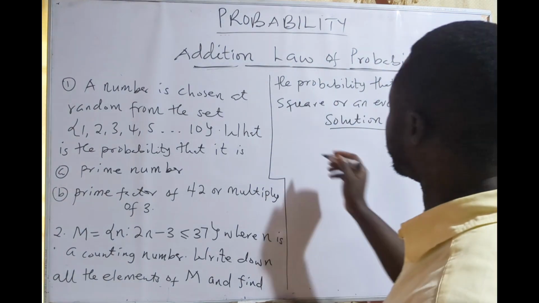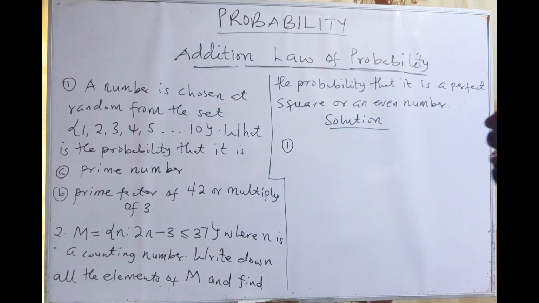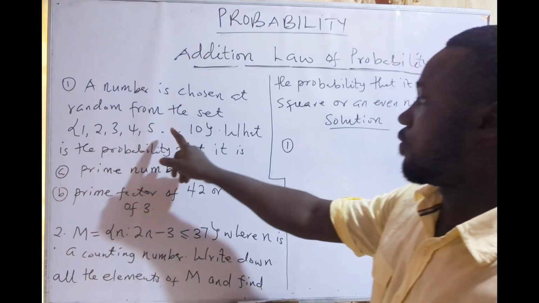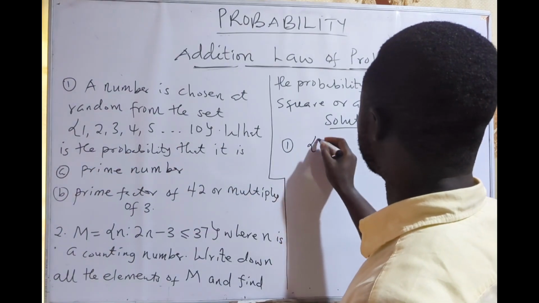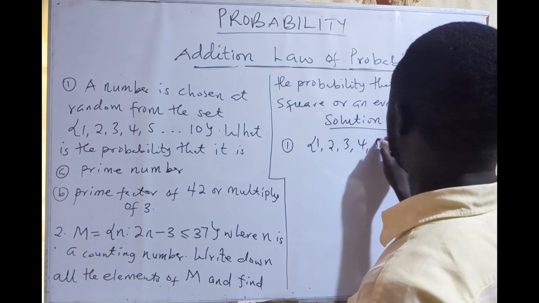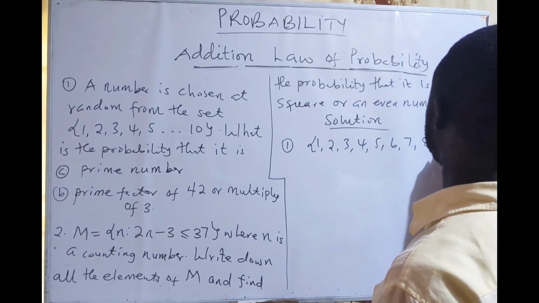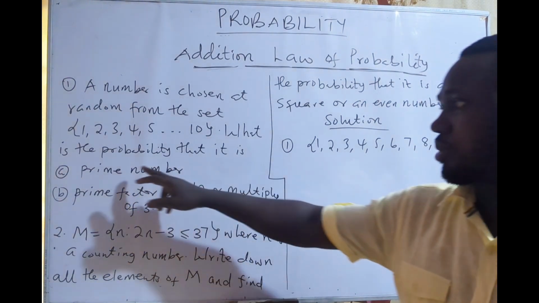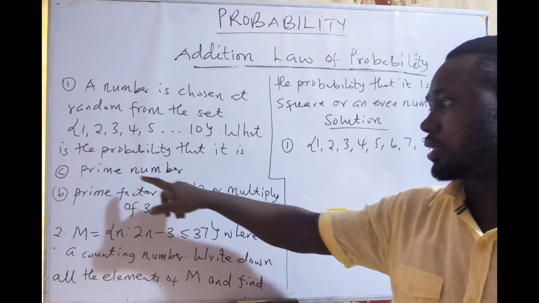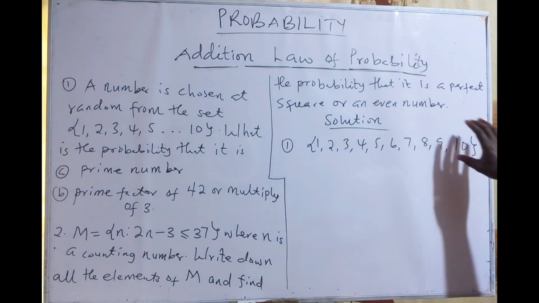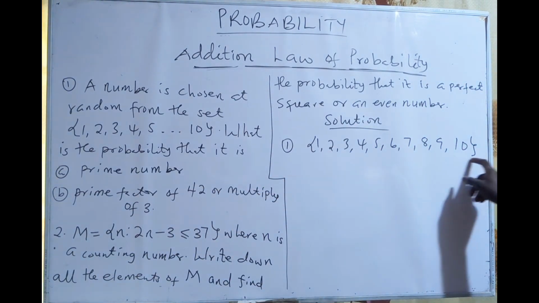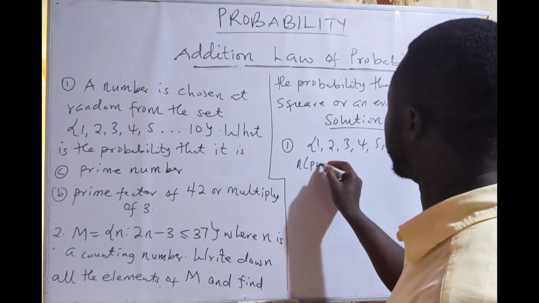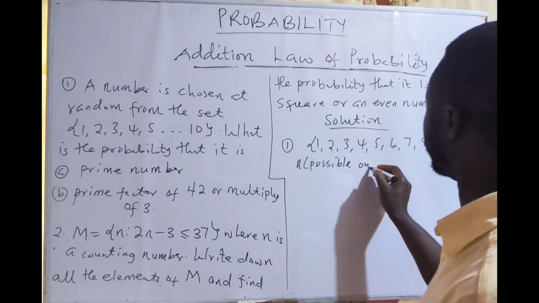We said a number is chosen at random from the set 1 to 10, so our set is 1, 2, 3, 4, 5, 6, 7, 8, 9, and 10. It asks now, what is the probability that the number is a prime number? Before we come to that, because it's probability, let's find our number of possible outcomes, or the sample space for the experiment.